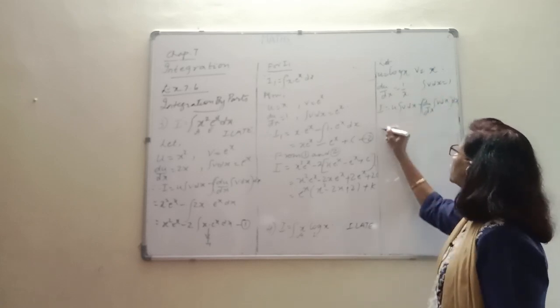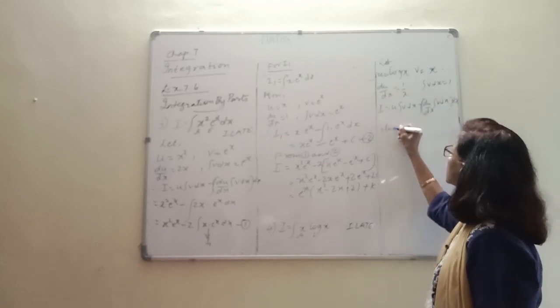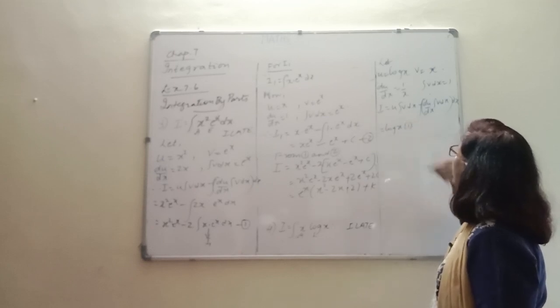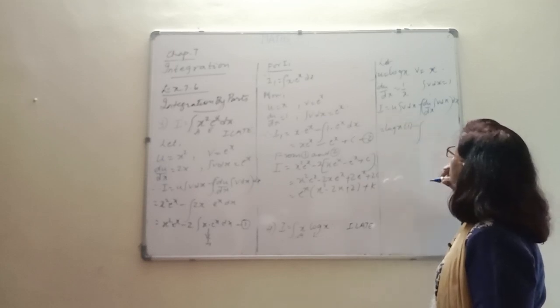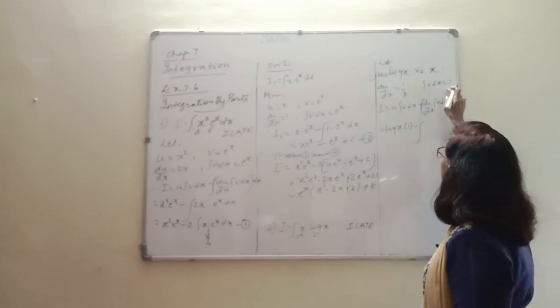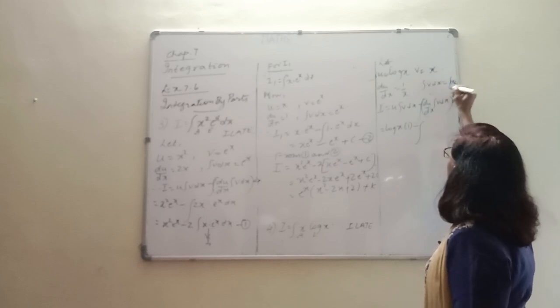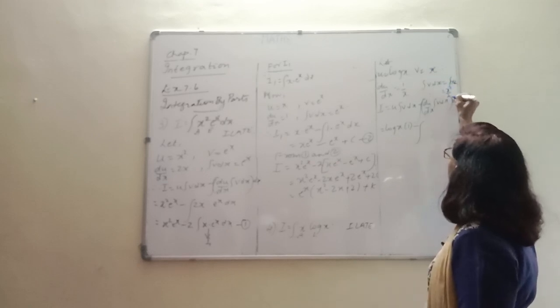So that way u for us is log x, integral v dx is integral of x, isn't it? So it's going to be x squared over 2.